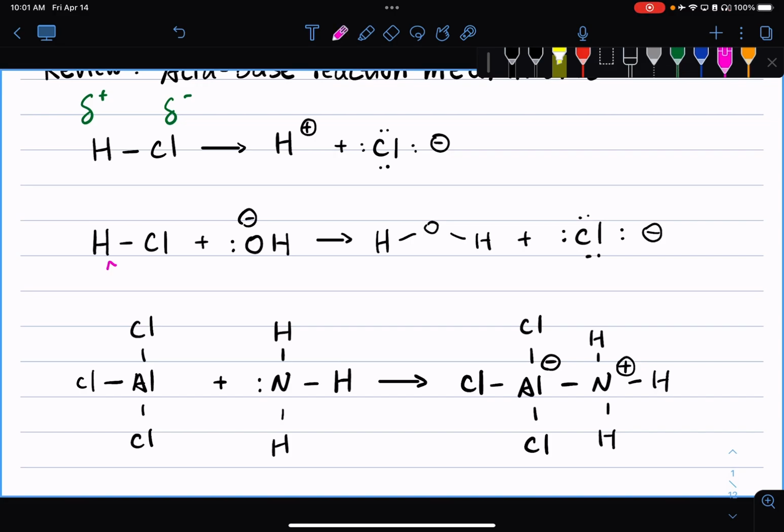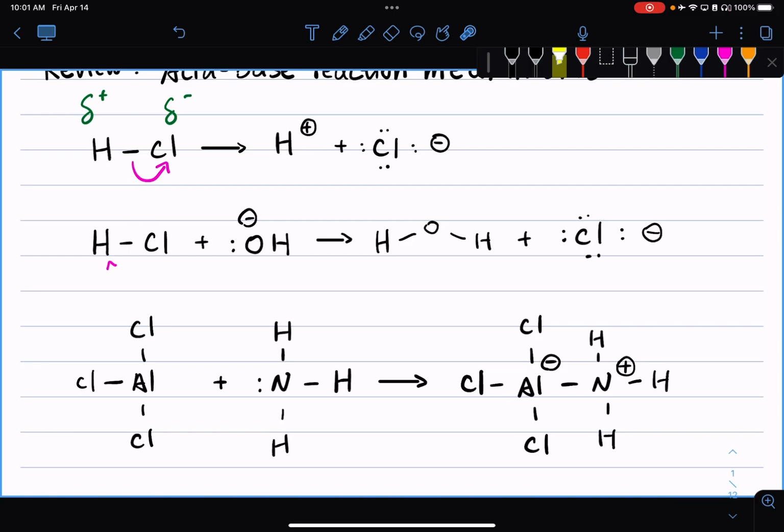So dissociation of this covalent bond is electrons moving from the chemical bond to the chlorine atom, and we end up with a hydrogen plus, or proton, and chlorine minus. So that's dissociation of hydrochloric acid. It's also dissociation of a polar covalent bond. And you should know how to use arrow pushing to show the reaction mechanism of that process.